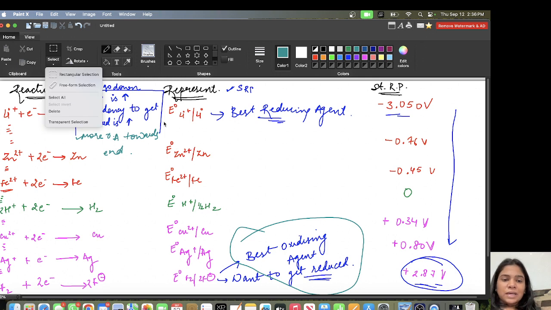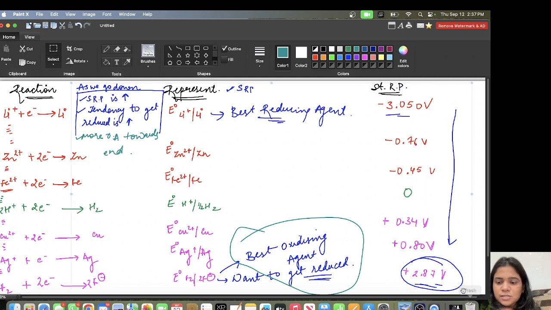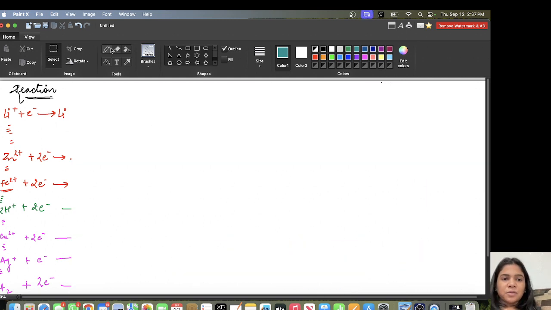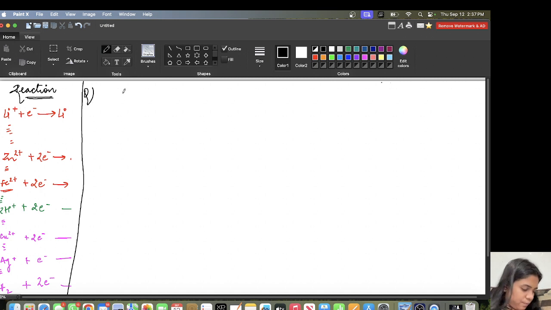Based on this, let's do a question. I'll just write my series here so that it becomes easier for you to do the questions. I'm not writing the products and all here. So the question is, you have been given three elements, X, Y and Z. The value of standard reduction potential of X is 0.52, of Y is minus 3.03, and of Z is minus 1.18.